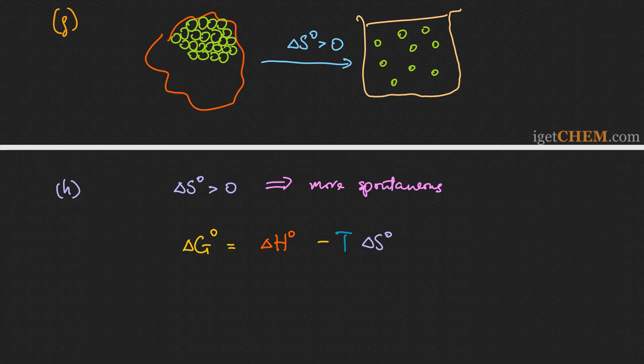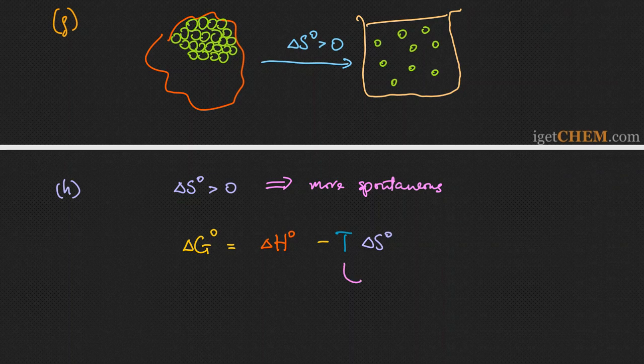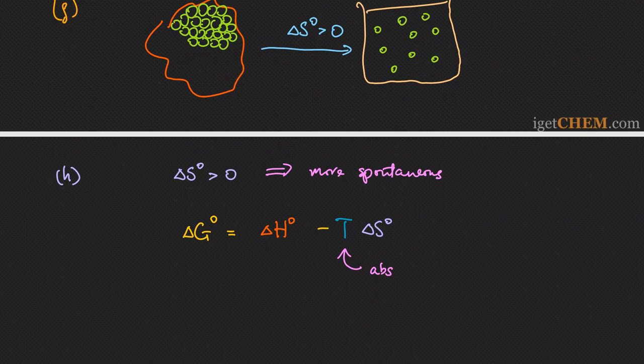So this T in the equation for delta G is the absolute temperature, meaning that this is the temperature in Kelvin.